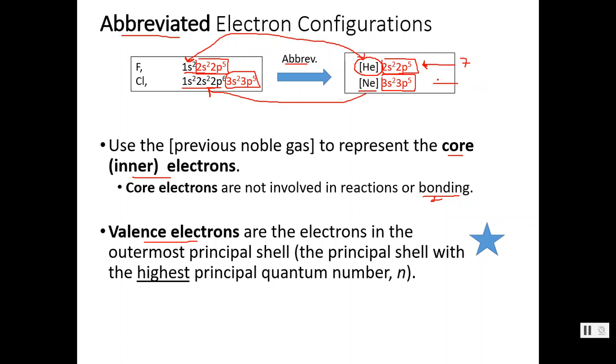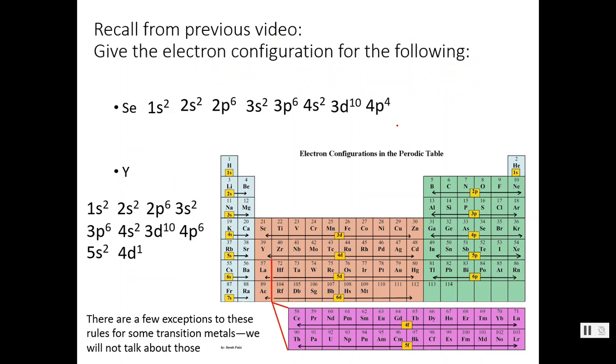I can say the same thing for chlorine, because those are the electrons in the highest principal quantum number. We're going to revisit core and valence electrons in the last video, but to end this segment, let's practice abbreviated electron configurations for the 2 elements we did full configurations for previously.